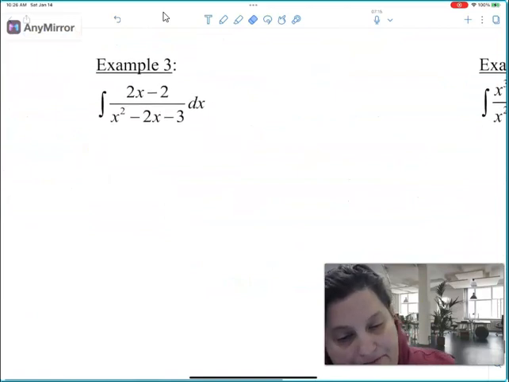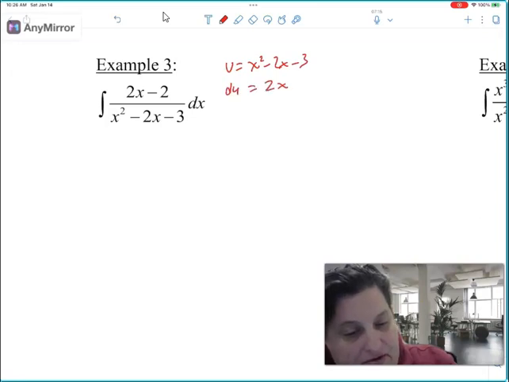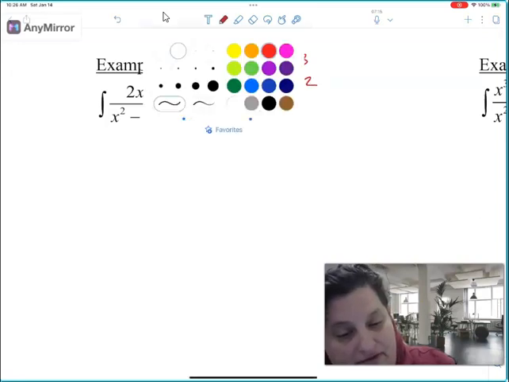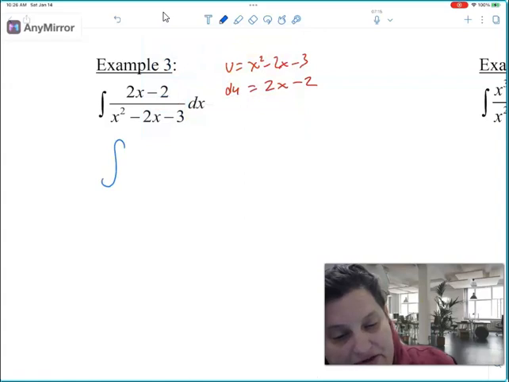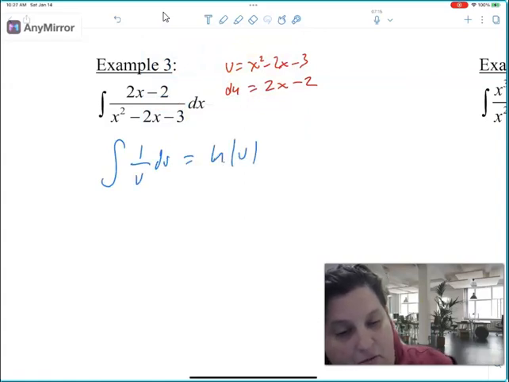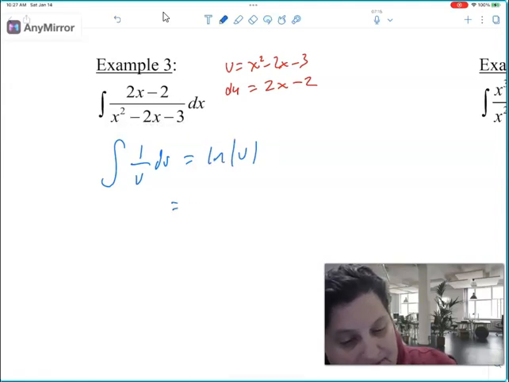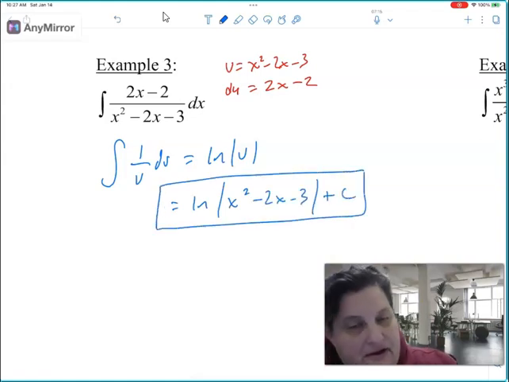Over here, if u is x squared minus 2x minus 3, du is 2x minus 2, and it's perfect. This is absolutely perfect because it just ends up being 1 over u du, which is ln of u, all right? So it's ln of x squared minus 2x minus 3 plus C.